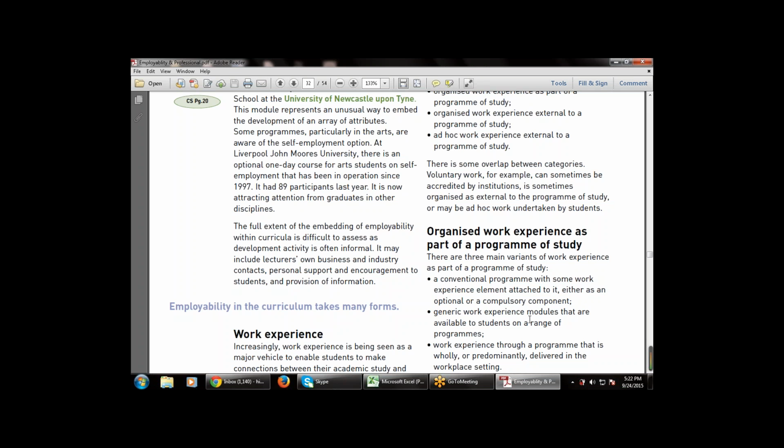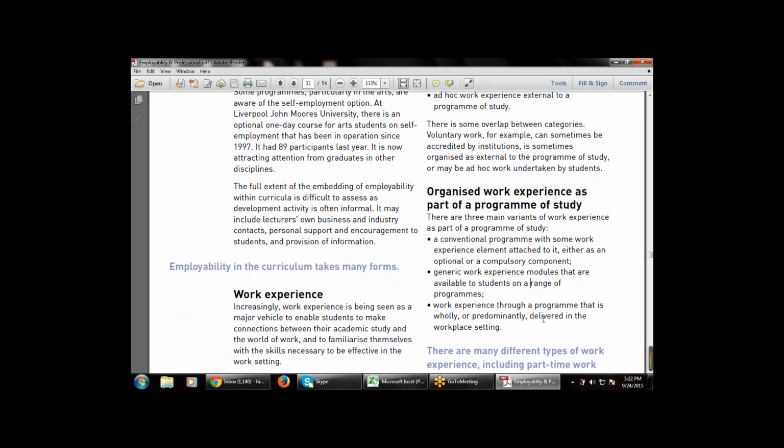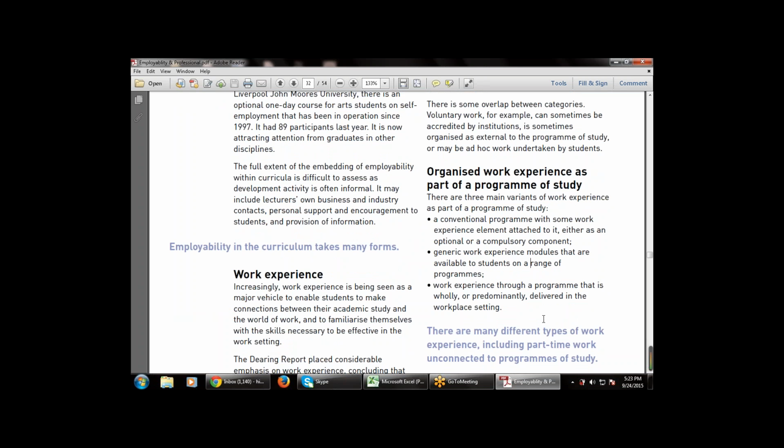Then the generic work experience module that is available to students on a range of programs. Then work experience through a program that is wholly or predominantly delivered in a workplace setting. That is work experience as a part of the program of study.